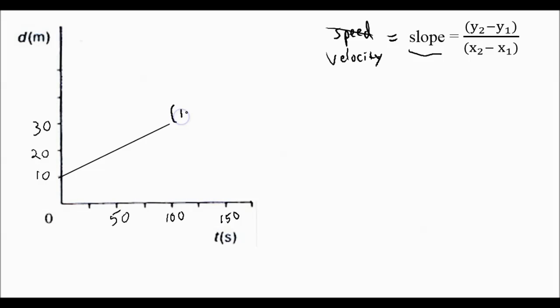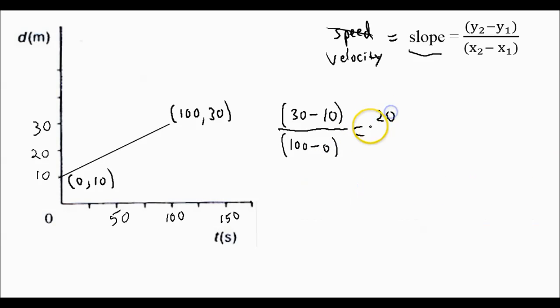We know that this point is 100, 30, and this coordinate is 0, 10. We just use our slope equation and we say y2, which is 30, minus y1, which is 10, divided by x2, which is 100, minus 0.